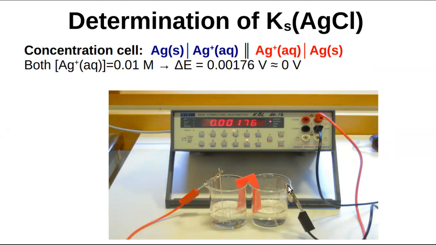Probably we had a different type of silver pins here. They were maybe scratched in different ways or something like that, giving rise to small differences, or there may be some problems with the contacts or something like that. Essentially zero. We had the concentration of silver at 0.01 in both beakers.